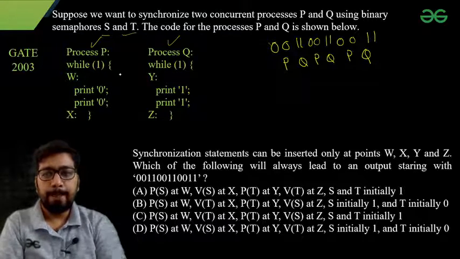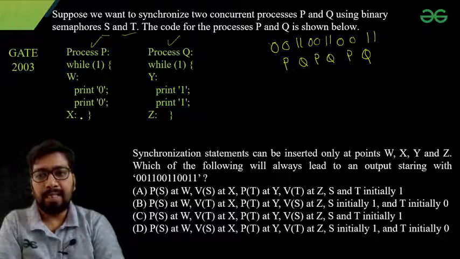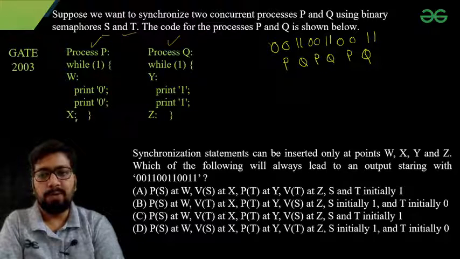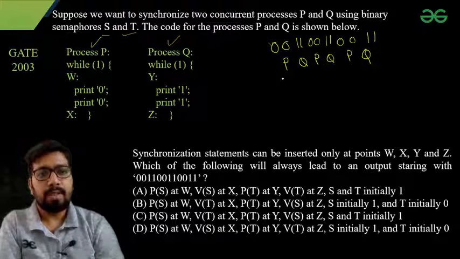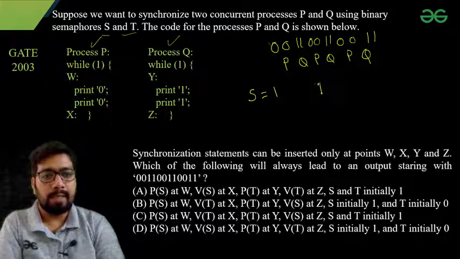To perform P, we should apply the W operation and then the X operation. After completion of process P, we should perform X. That means signaling something. Now, suppose I am taking S equal to 1 and T equal to 1.